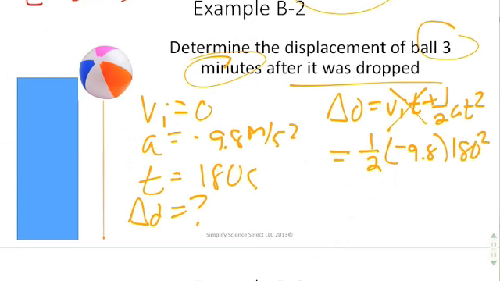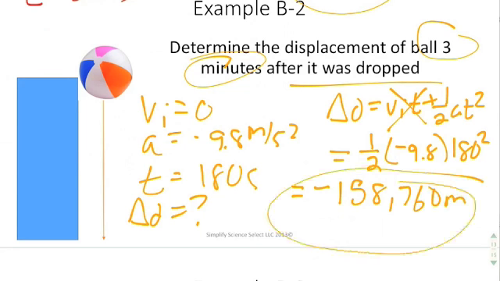Now 180 squared is going to be a rather large number, so we do 180 times 180 times negative 9.8 divided by 2, or times 0.5. And when you do this, you actually get a number of negative 158,760. And people usually have a hard time with this negative number again. Remember, the negative just indicates direction, and in this case the direction is down.